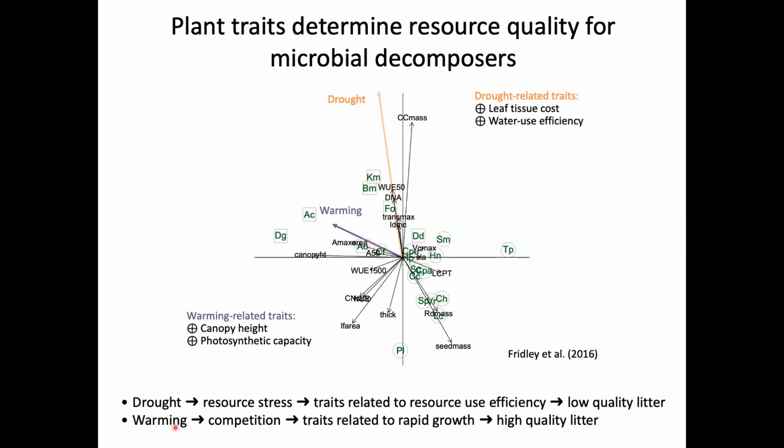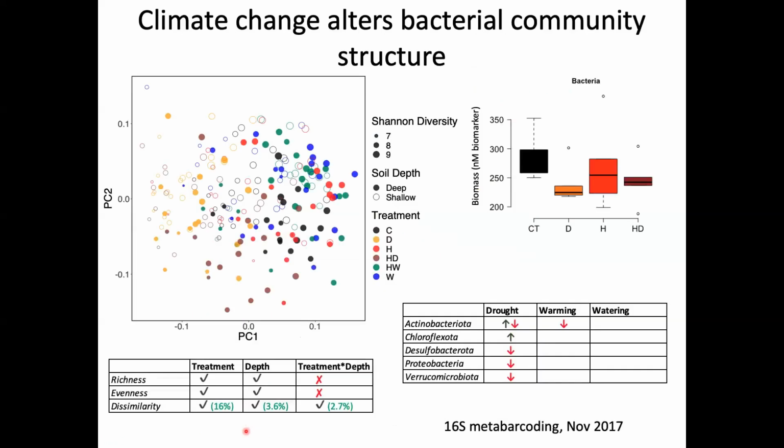The warming treatments, on the other hand, are lengthening the growing season, leading to an opportunity for competition and traits related to rapid growth and therefore high quality litter. This environment, both the climatic environment and the environment of litter inputs and extra inputs, are actually driving change in the microbial community.